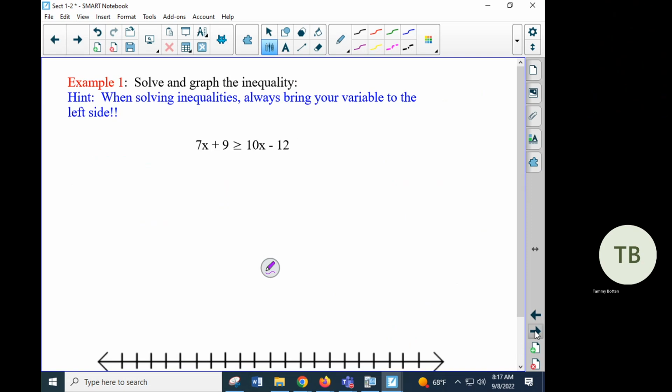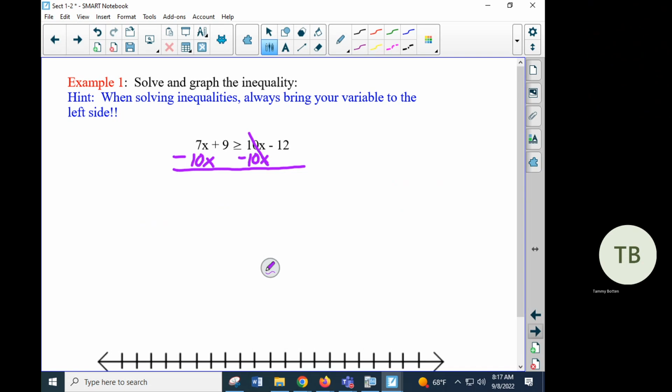All right, so let's try one. And again, the way that I do this is I always bring my x's to the left. So I would take this 10x and bring it over. How would I do that? Would I add it or subtract it? Subtract it, because this is assumed to be positive. So we would do the opposite, which is subtraction. Okay.